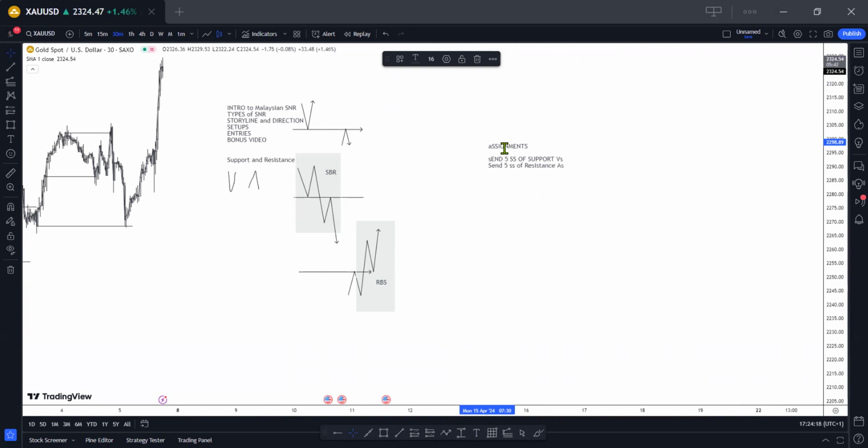Then you send five screenshots of SBR and five screenshots of RBS.